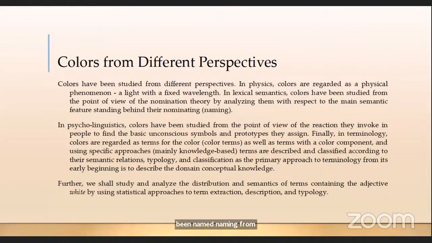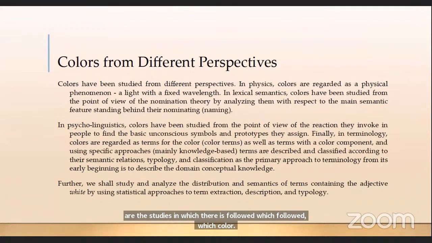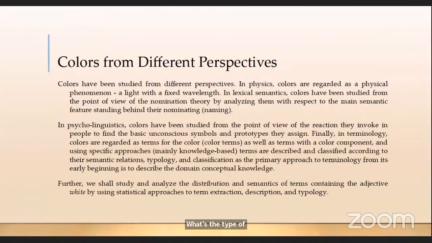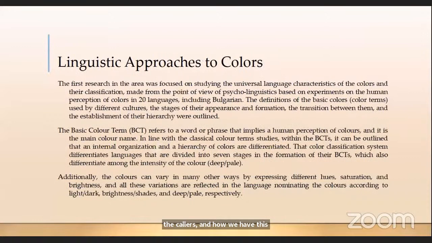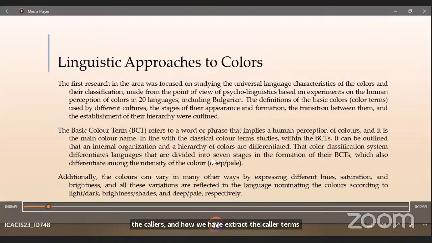From the psycholinguistic point of view, there are studies of what type of reaction each color produces in the human brain. Further, we are going to show how we have extracted the color terms from the Bulgarian language with statistical approaches.